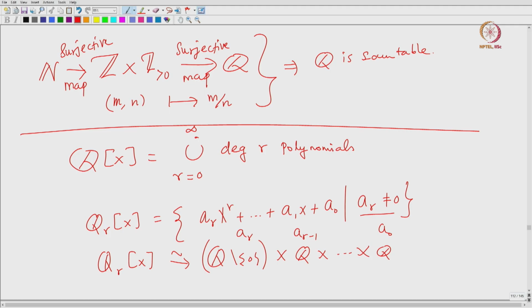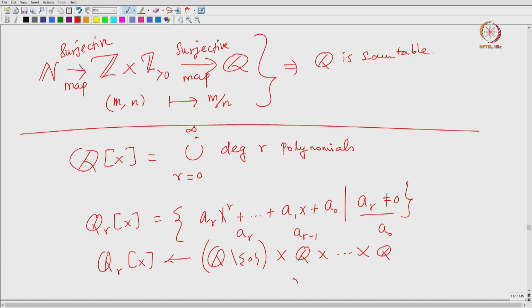Actually, if we think about it, one can also divide by a_r, but anyway we do not need to worry about it. So, one can easily see that there is a natural surjective map from Q cross Q cross Q times Q minus 0.